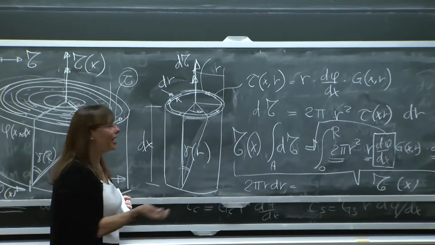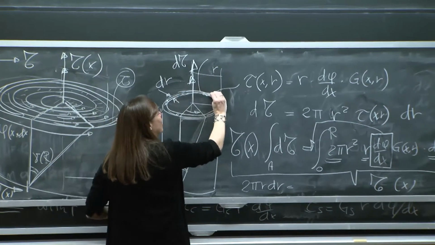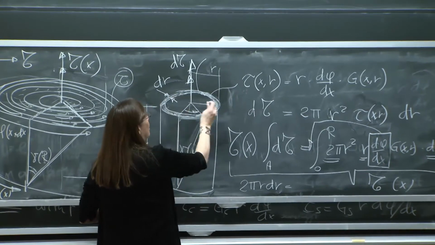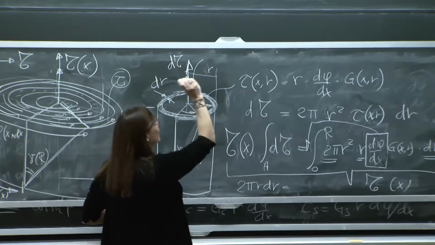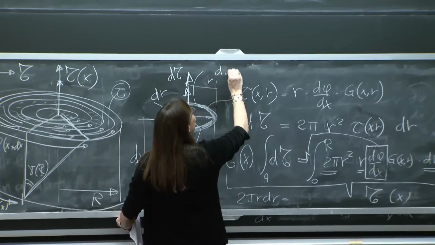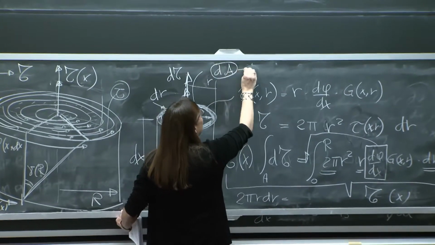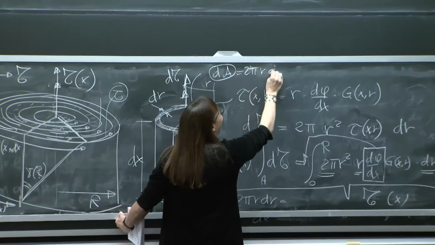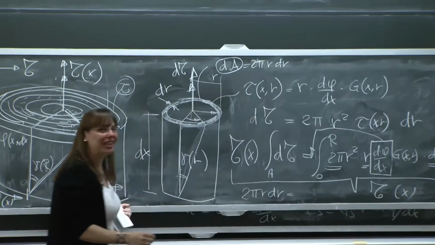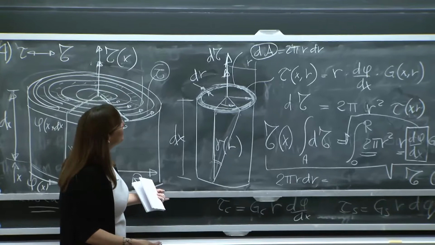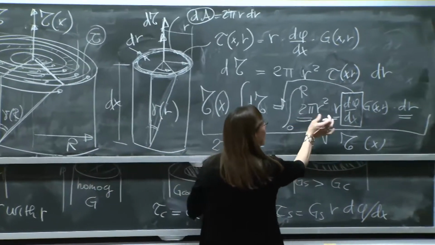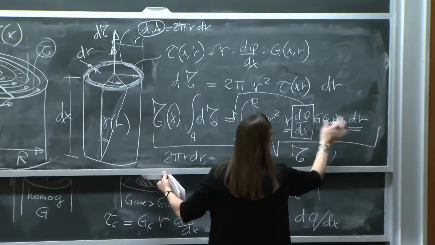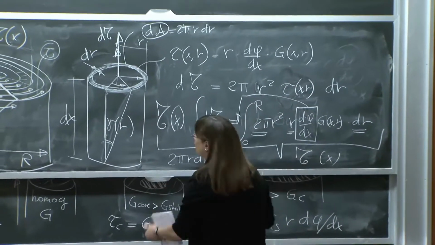No, not πr squared. This is just a thin shell of radius r. Yes, 2π r dr. You cannot take a hint. So I'm killing you guys, killing you. Okay, this thing is 2π r dr, so 2π r dr is the area. dφ/dx came out of the integral.